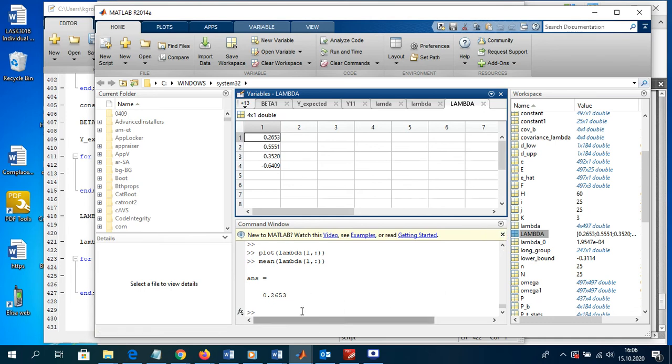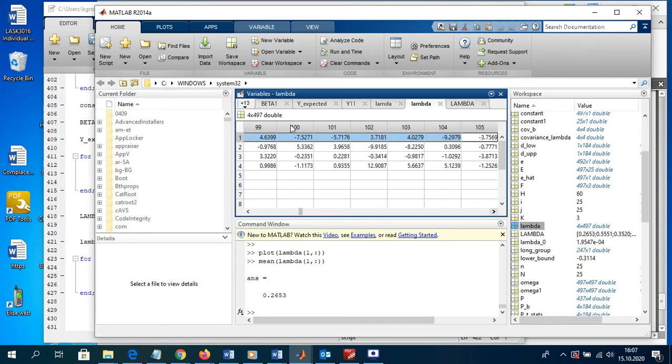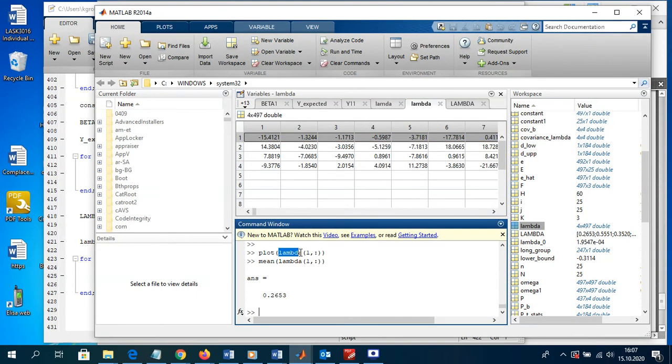The average risk premium is the same thing as if you take here from our lambda matrix the average of the first row. It must be like that by construction, right? It must be like that. So this lambda matrix gives you just the corresponding variation across time of that respective lambda estimate.